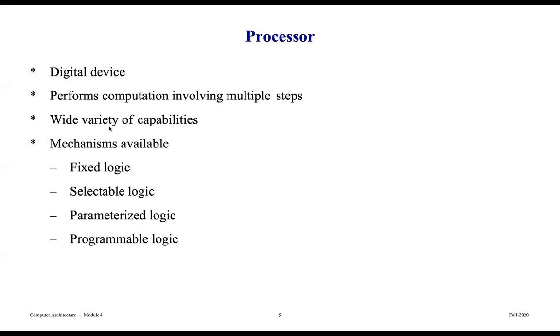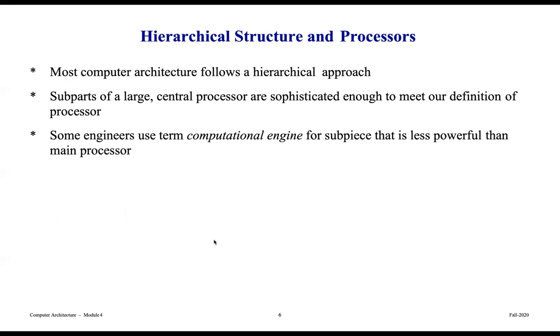It has a wide variety of capability, and it has the mechanisms to handle a variety of things: fixed logic, selectable logic, parameterized logic, and programmable logic. It is a flexible device that, based on what you tell it to do, through the control lines that configure it in a certain way, step by step, can perform these various types of logical operations.